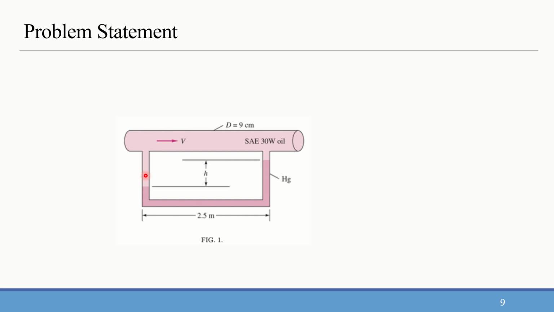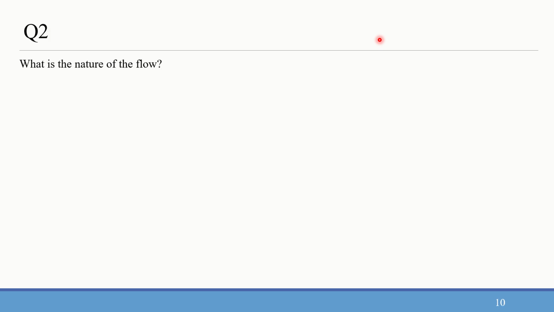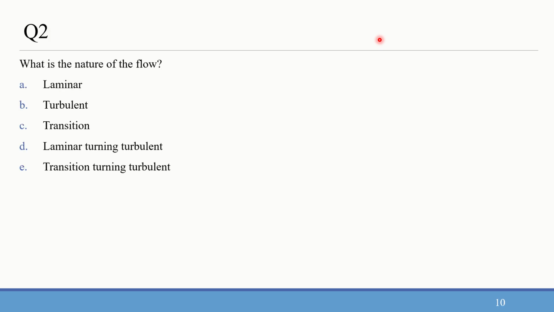We are not given H in the problem statement either. If it is given, we can directly say it as rho G H, the difference.